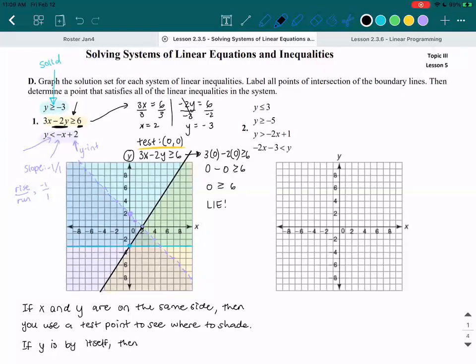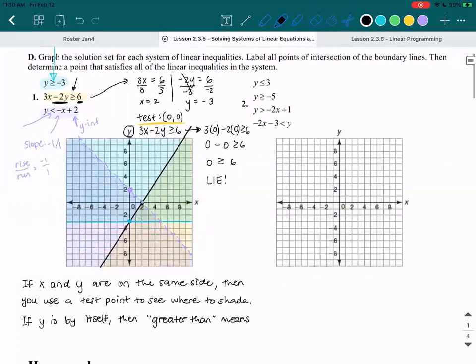then greater than means shade above, and less than means shade below.